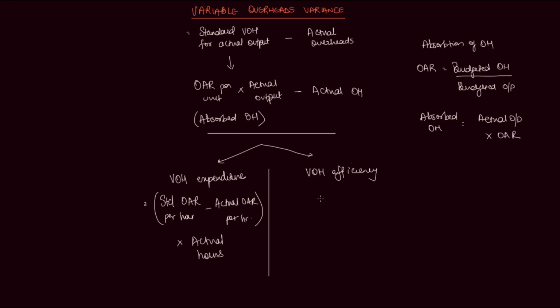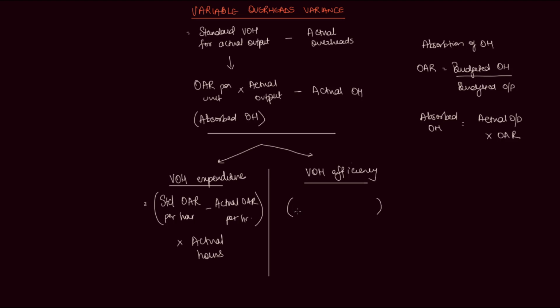Then the second part is the variable overhead efficiency variance. As the name suggests, we are talking about the efficiency of the workers to produce the output. So how can we measure the efficiency of the workers? If we compare the standard hours that the workers should have taken to produce the output versus the actual hours taken by them, we will get an idea whether the labor or the workers were efficient or inefficient in production.